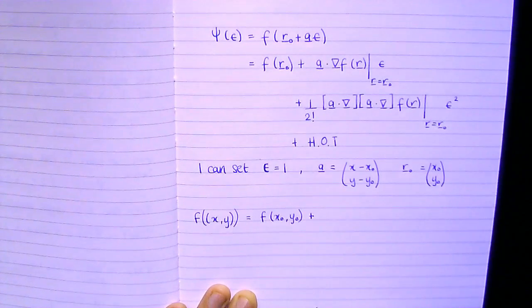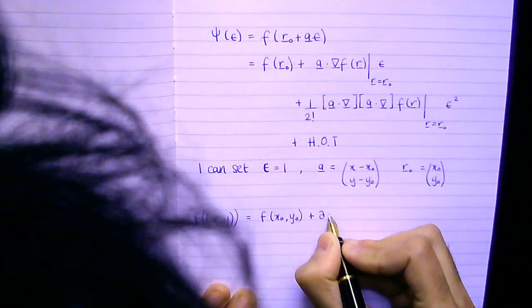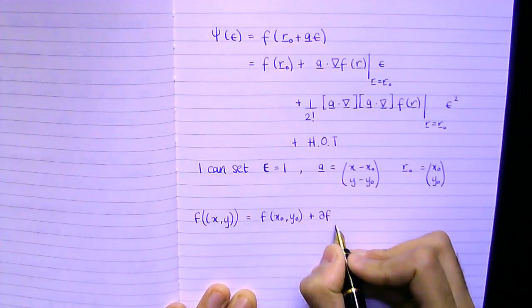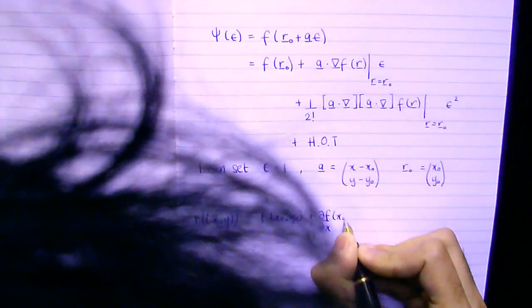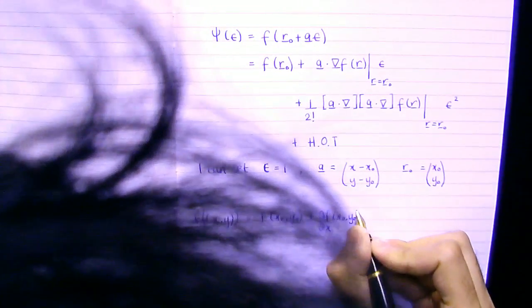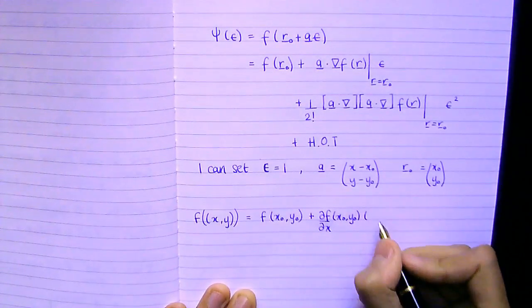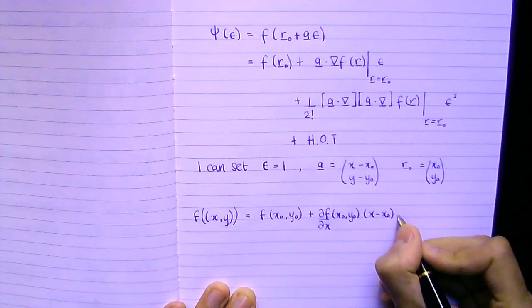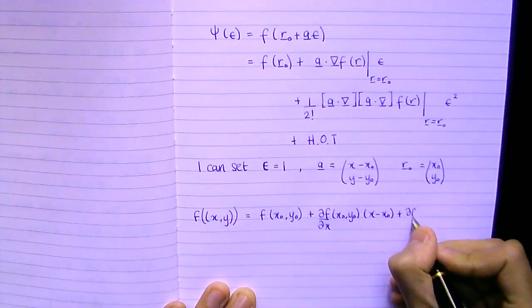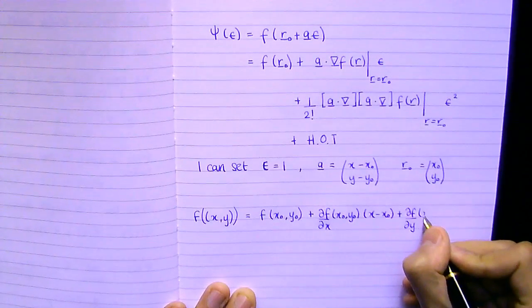If I write this more explicitly, I will get the derivative of f with respect to x at x0, y0 multiplied by the first component of A, and the next term will be similar but with the y version.